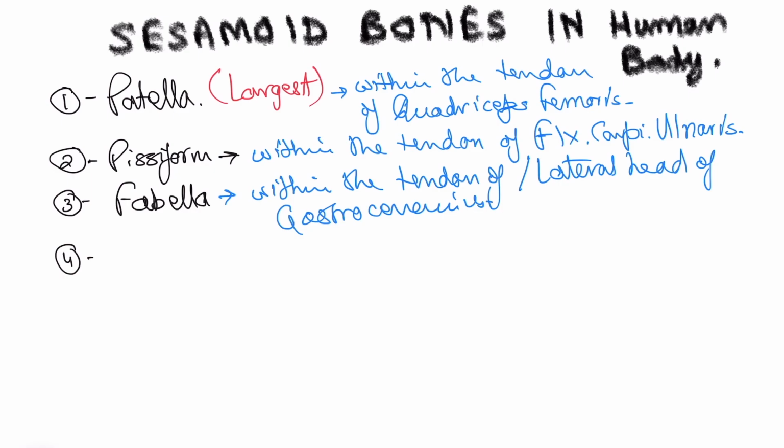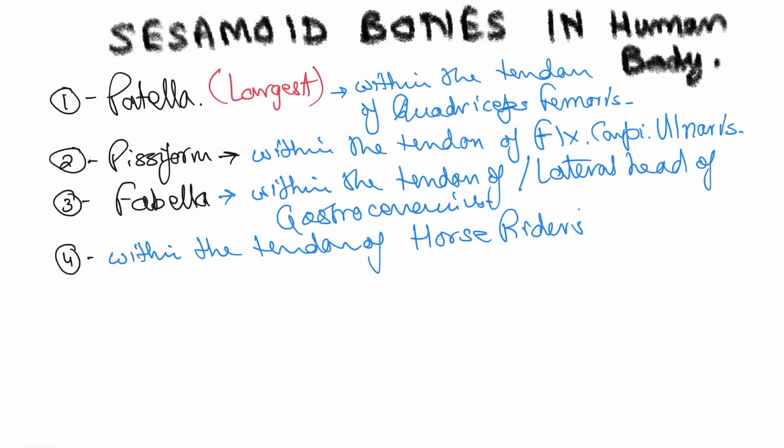So one sesamoid bone is also found within the tendon of this muscle. Can you guess? The horse rider's muscle, within the tendon of the horse rider's muscle.